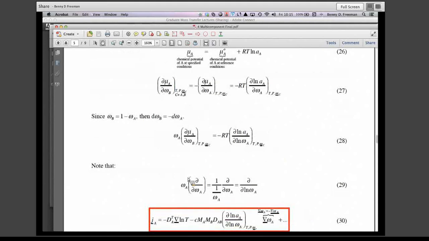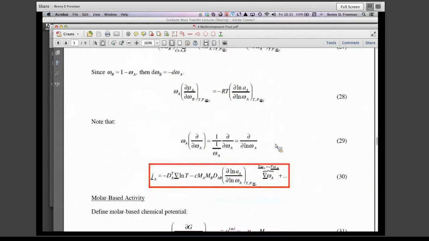I can then relate this term to the form that is shown here, so that I basically bring this mass fraction term into the derivative with the activity. And then that first term for the generalized driving force takes on the following form.